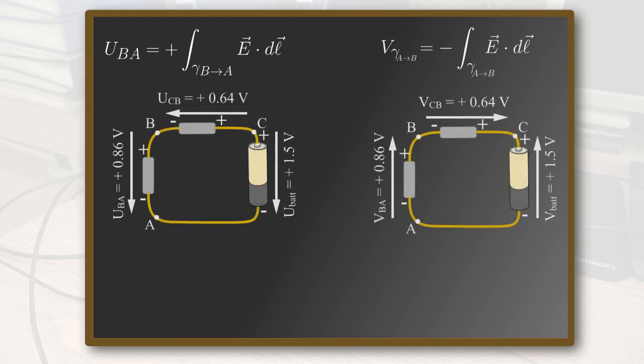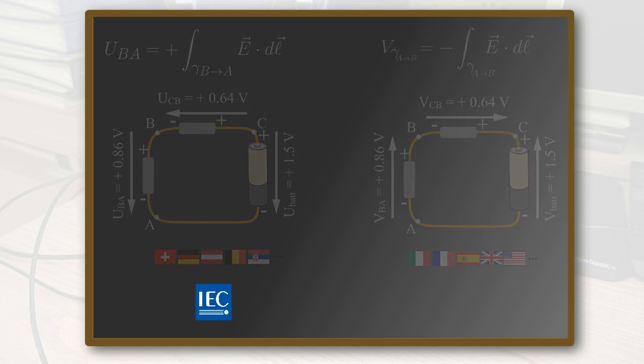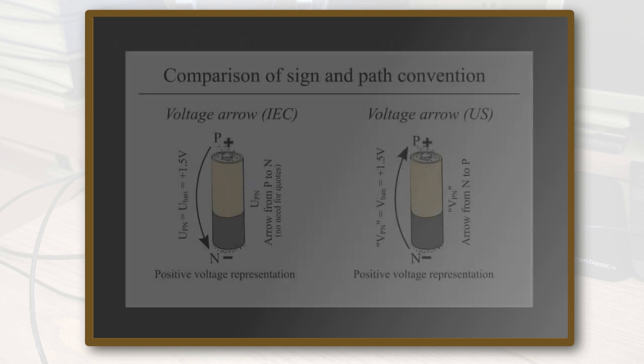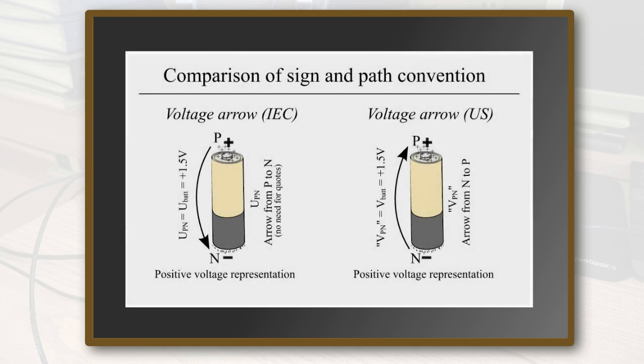And while I'm not aware of any indication of this sort on the IEC website, this is how voltage is graphically represented in the textbooks of many German-speaking countries and also East European countries. So I will call it the IEC notation for brevity. Here is a figure that shows the graphical representation of the arrow of voltage in the two notations.